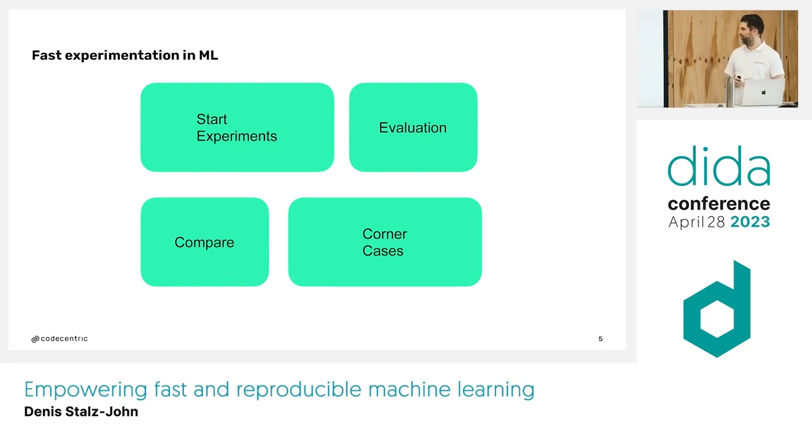Then the evaluation, to look at how well the model performs. Then we need to compare the models. And the last is to find some specific corner cases in our model, in our data set, on which the model doesn't perform well, and how we can improve on these corner cases.